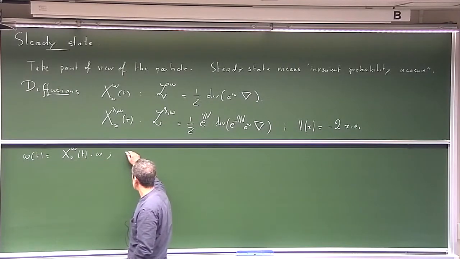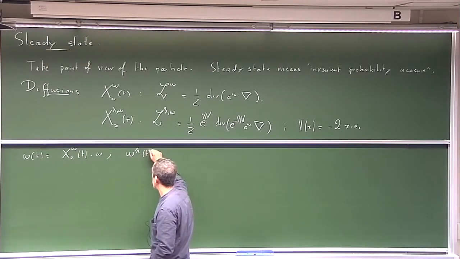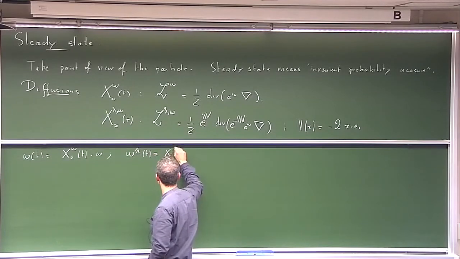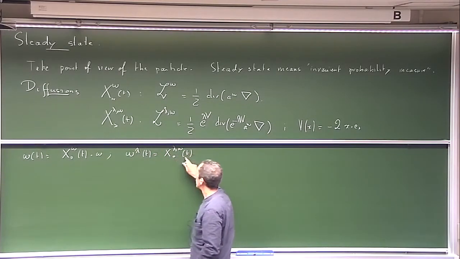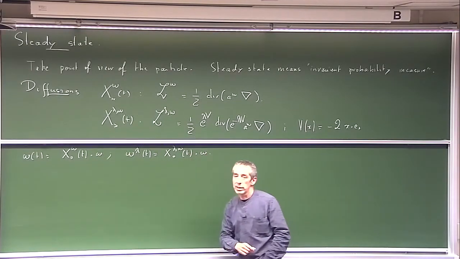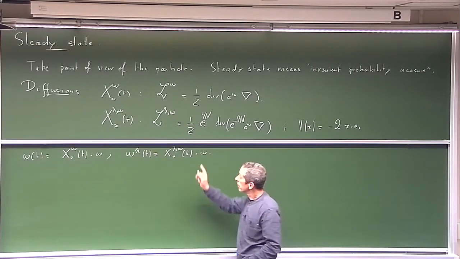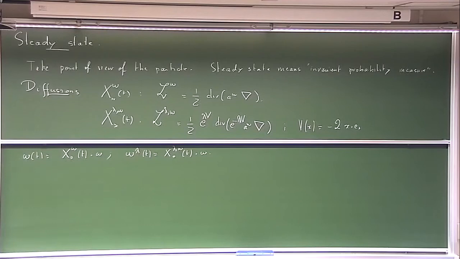We can also define the process of the environment corresponding to lambda, ω^λ(t), which by definition is the same thing, except that now we run the dynamics with the external field and use it to shift the environment. Okay. So when looking for a steady state, we are looking for invariant measures of the process ω^λ.